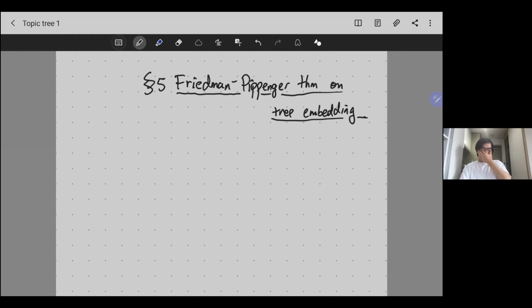But as we will see, lots of techniques related to this Friedman-Pippenger theorem that we will cover, you will see some similarities with what we've seen on this Pósa's rotation-extension. In particular, the expansion derived from randomness plays an important role, basically.